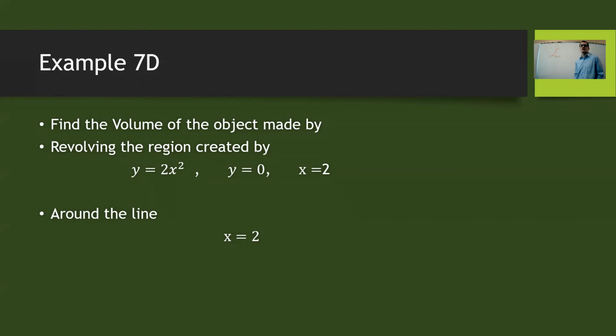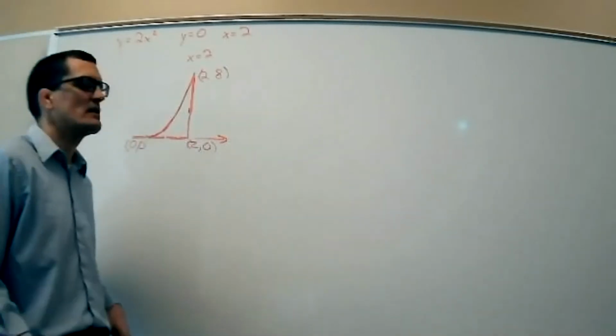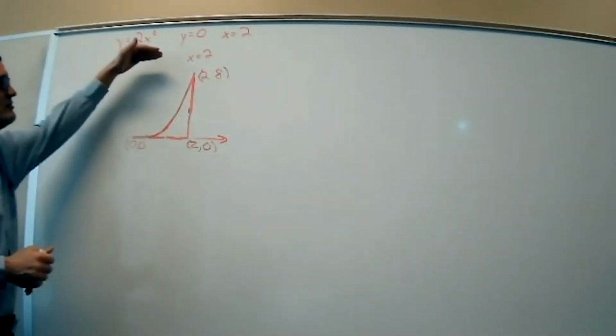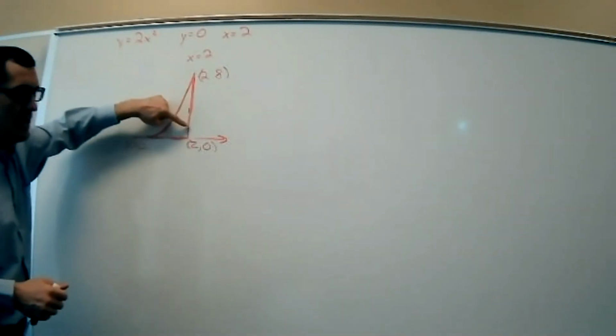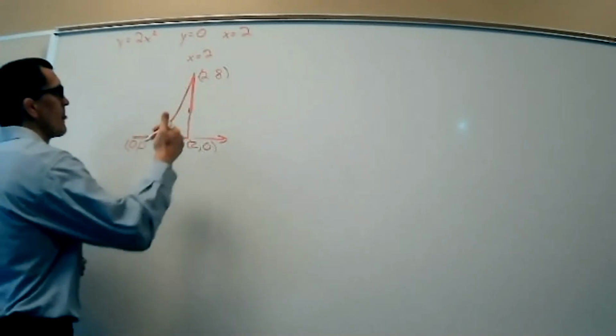Okay, so I'm going to start here. If you haven't done it, just push pause on the video. Okay, so x equals 2 is the vertical line, is the vertical edge here.